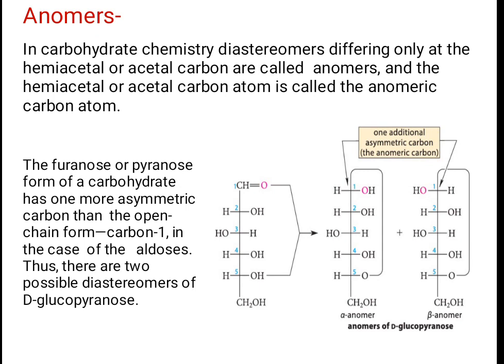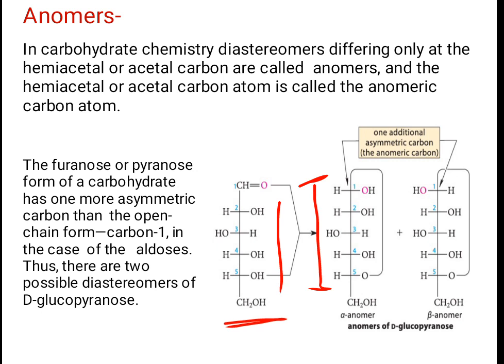Here you can see that in the open chain form there were only 4 asymmetric carbons: 2, 3, 4 and 5. But in case of the ring structure, carbon number one is also an asymmetric carbon. So in case of the ring closure, you get 5 asymmetric carbons.